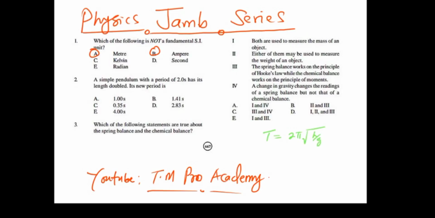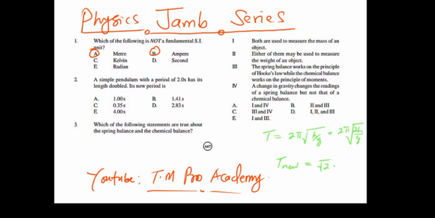Now they say the length is doubled, that means we're going to be having 2 pi square root of 2L over g, right? Now, given that, T new will be equal to square root of 2 times T.